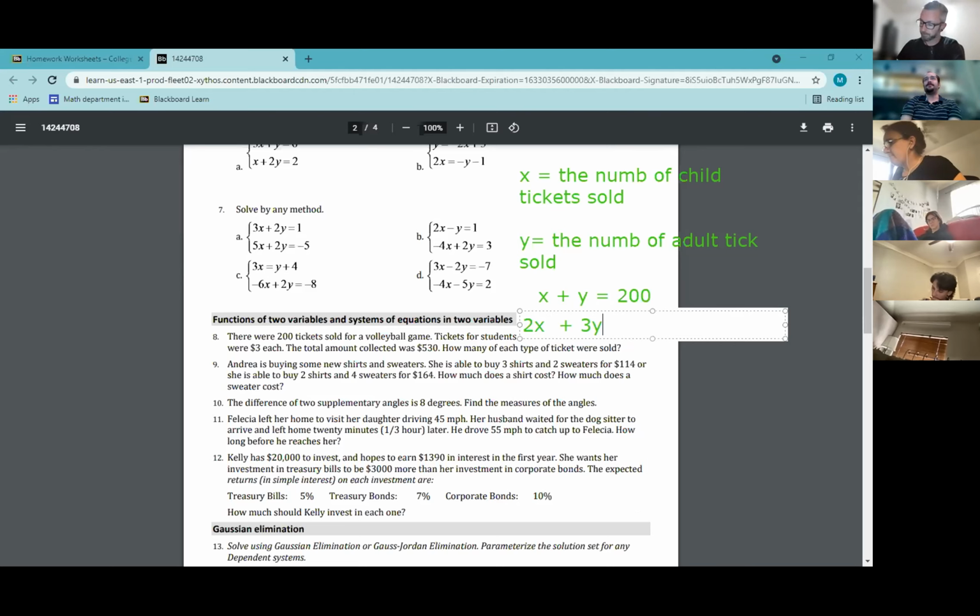So how much the adults spent in total is the price per ticket times the number of tickets sold. And we put those two together, we should get two equations with two variables. The 530 is the total amount collected.